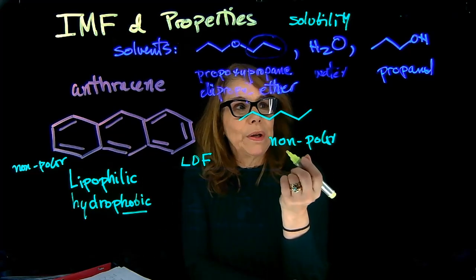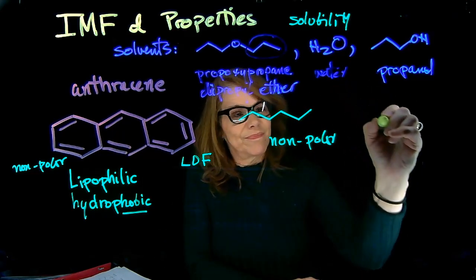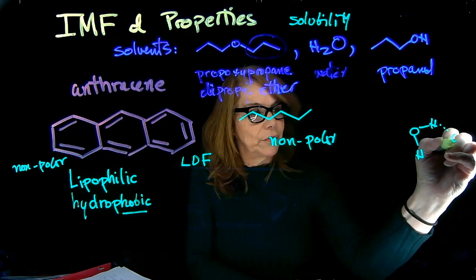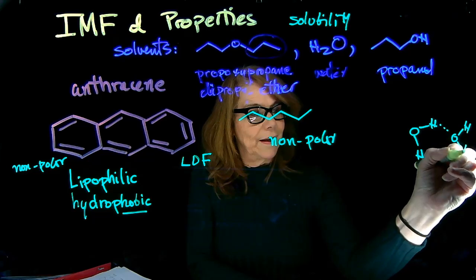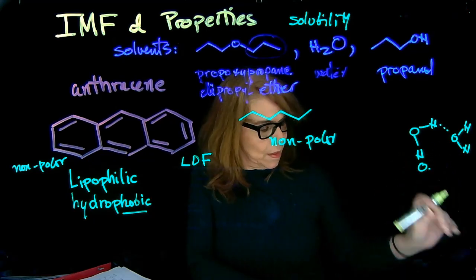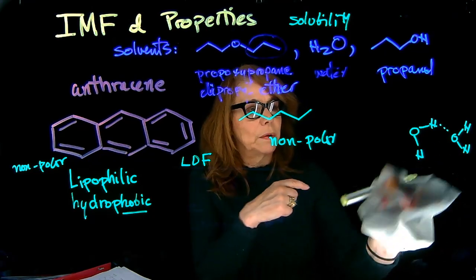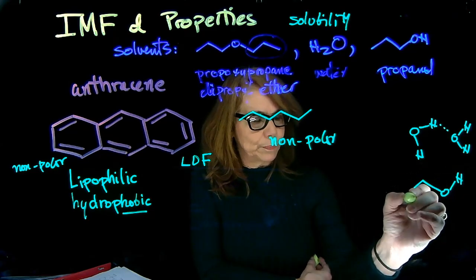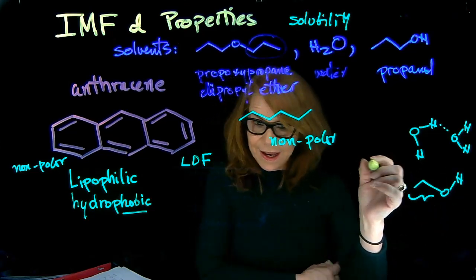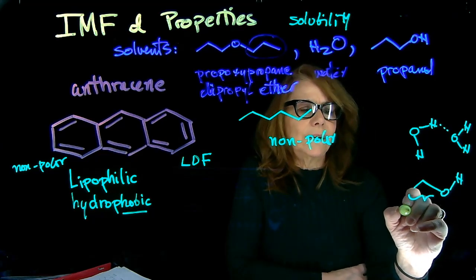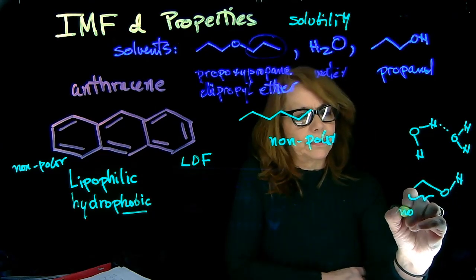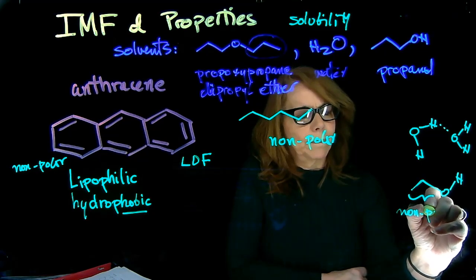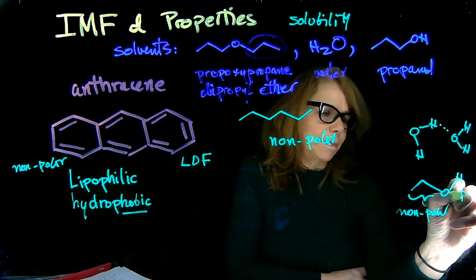But the point is that when you have water, as we have said in many examples before, the strongest force is hydrogen bonding. And we also have hydrogen bonding in propanol. But propanol has, say, a nonpolar part, so carbon-carbon, and this part being polar.